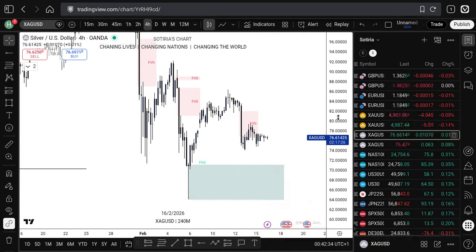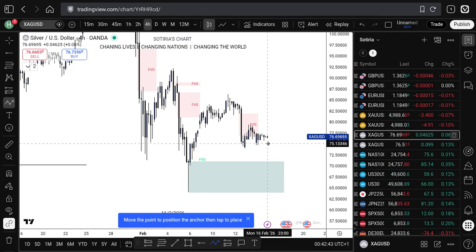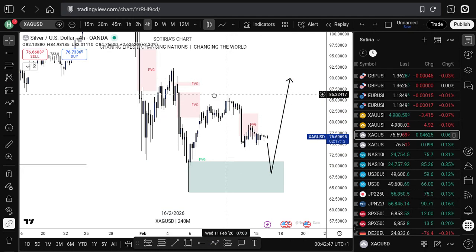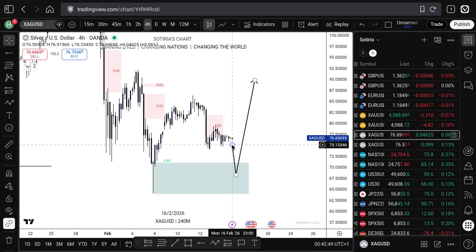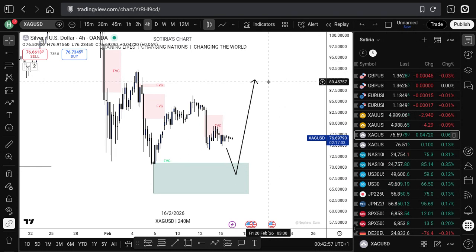I believe price is going to do something like tap into this place and boom up. The price drops into this level and then sends it up. So that's what I'm expecting right now on silver. So the price drops and boom. Let's see how the week goes.